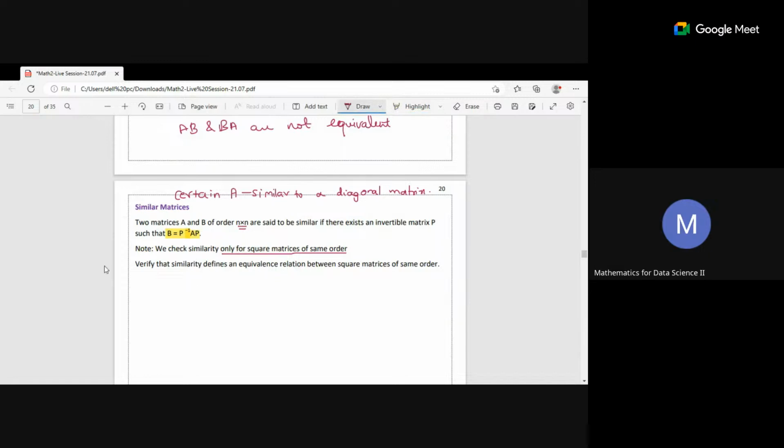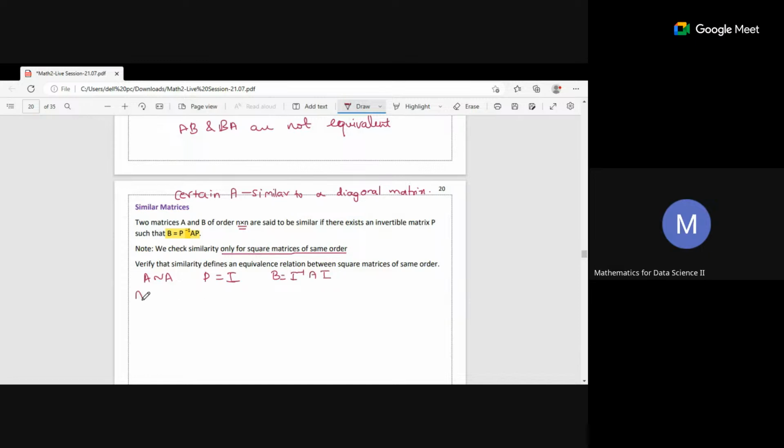Again, verifying similarity is an equivalence relation is very easy. I can just quickly give the outline. I guess I have already done it for equivalence of matrices, so it is easy here also. So A is similar to A. Again, you choose P to be the identity matrix, and you can easily see that A is equal to I inverse AI.